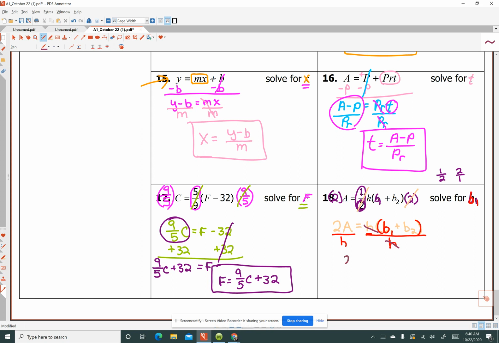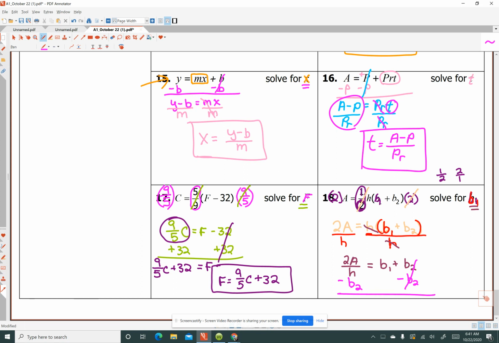And we have 2A divided by H on the left, and on the right we have B1 plus B2. We're solving for B1. All we really need to do is subtract B2 at this point. So whatever I do to one side of the equation, I'll do to the other.